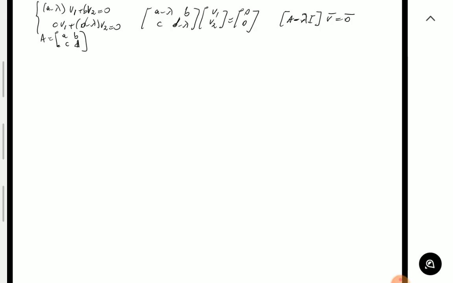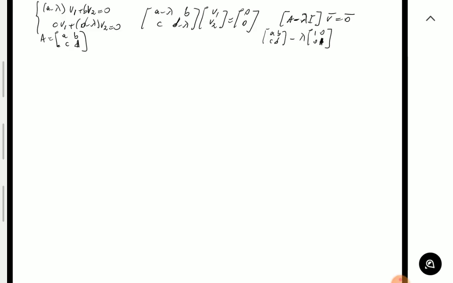You can indicate this more compactly as A minus lambda times the identity matrix. So it's like you have A, B, C, D, minus lambda scalar multiple of 1, 0, 0, 1. So minus lambda I, where I is the identity matrix, is a compact way of stating that you subtract lambda from the main diagonal.